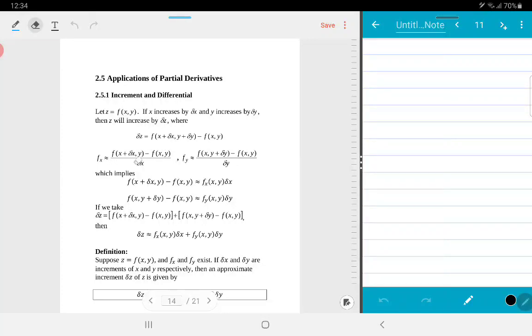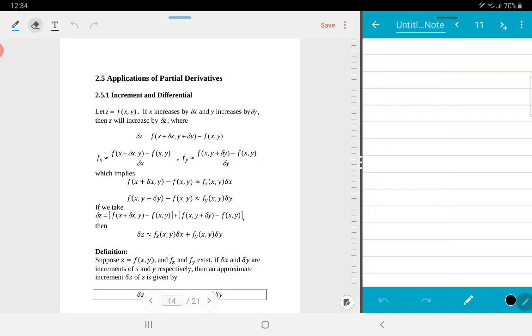Which implies that, if we do some mathematical manipulation with the cross multiplication, f of x plus delta x, y minus f of x, y is equal to partial f partial x times delta x. And using the second approximation, f of x, y plus delta y minus f of x, y is equal to partial f partial y delta y.